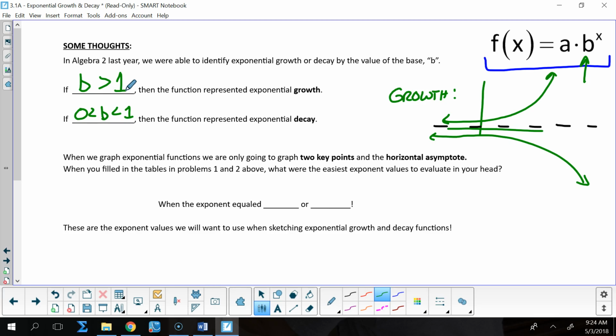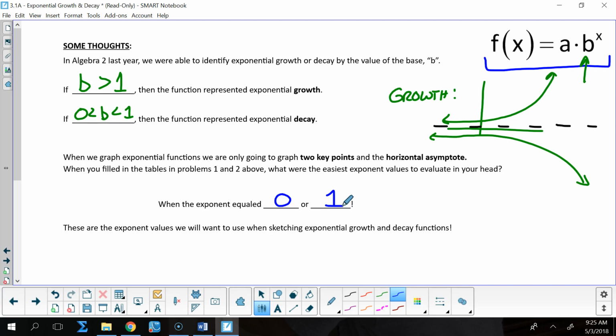When we graph exponential functions, we only really graph with two key points. And we look to the exponent. We want the exponent to be equal to 0, or we want the exponent to be equal to 1, because those are nice values. If I can get that exponent equal to 0, anything to the 0 power is 1, so then it would go through the point 0, comma a.